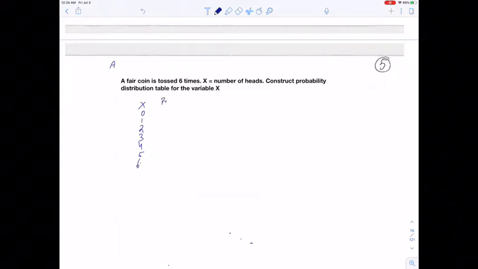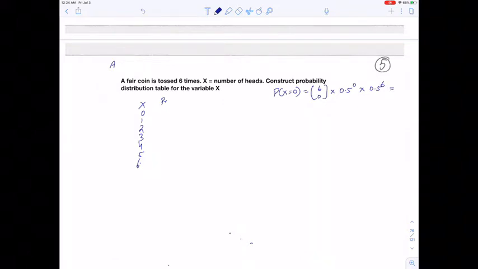If we can calculate the probability of 0 successes, 1 success, 2 successes, and so on, then we can construct this probability distribution table. So probability X is equal to 0 is n choose k, where n is 6 and successes is 0, times p raised to power 0, where p is 0.5 because it's a fair coin, times 0.5 raised to n minus k, which is 6 minus 0, is 6.